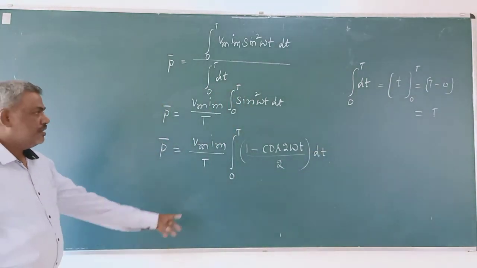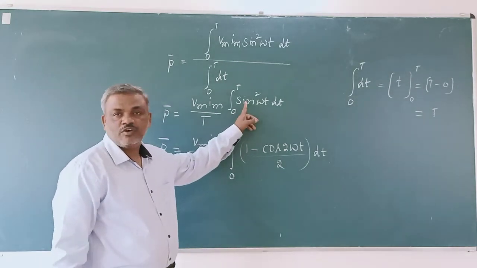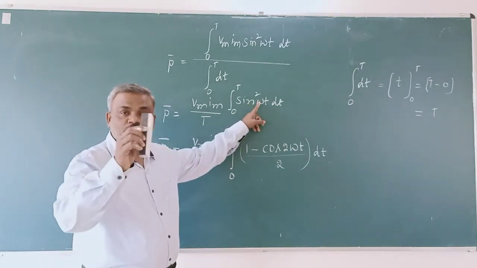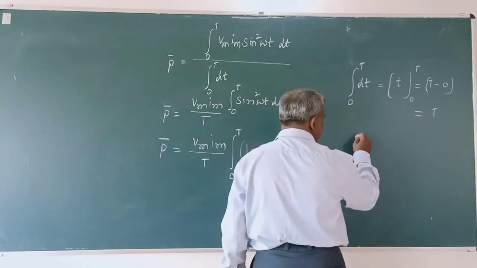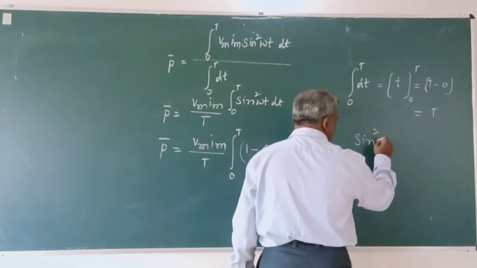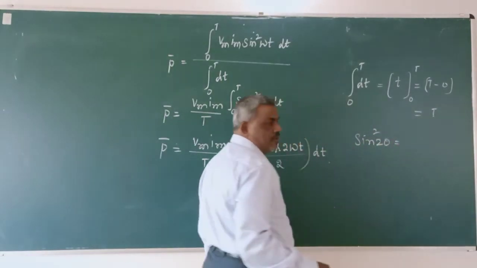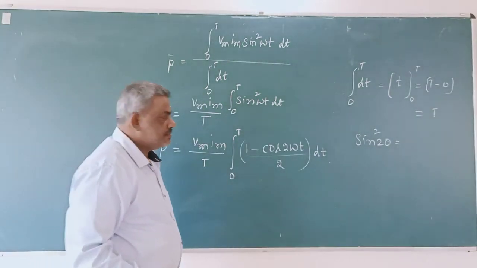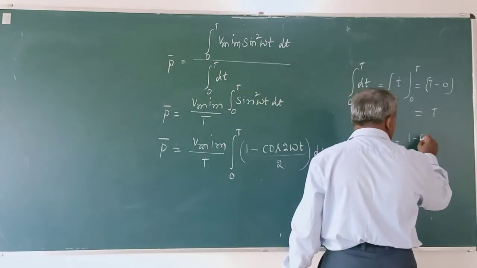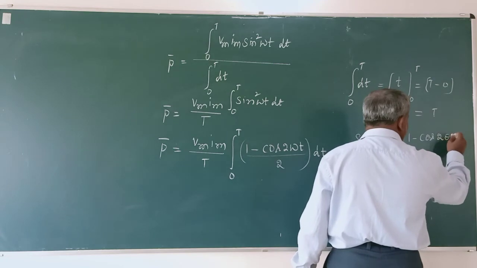So students, here in trigonometry, sin square theta is written as 1 minus cos 2 theta by 2.